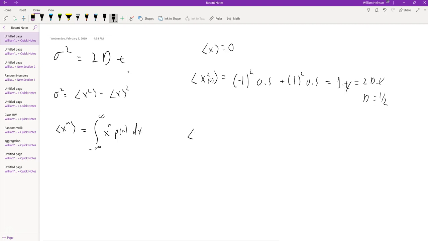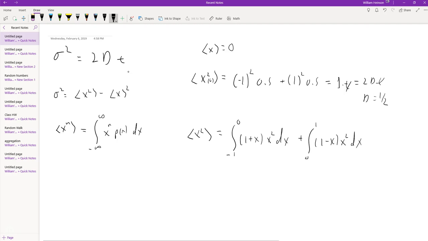For x squared, we actually have to do the integral in two parts: from -1 to 0 of (1 + x) times x squared dx, plus from 0 to 1 of (1 - x) times x squared dx.